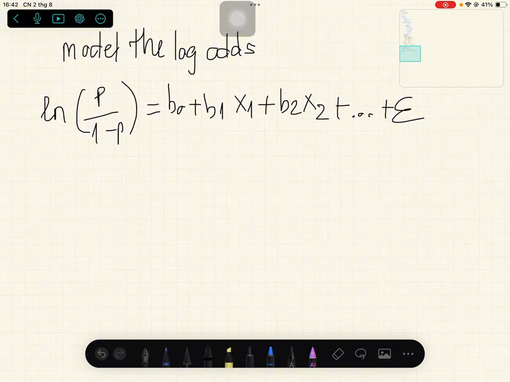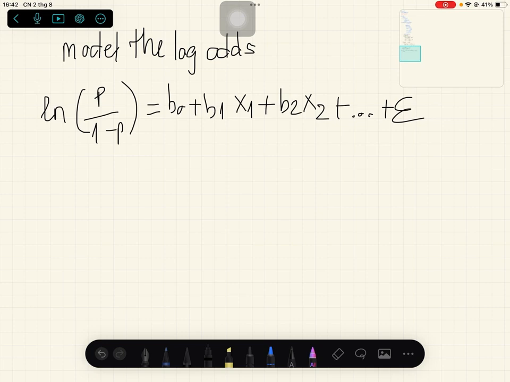Each coefficient tells us how much the log odds change when one explanatory variable increases by 1 unit, holding all other variables constant. Notice something important. The coefficients no longer represent change in probability directly. They represent change in log odds. Only after estimating the equation do we transform the results back into probabilities using the logistic function. The final probability equation always produces values between 0 and 1.